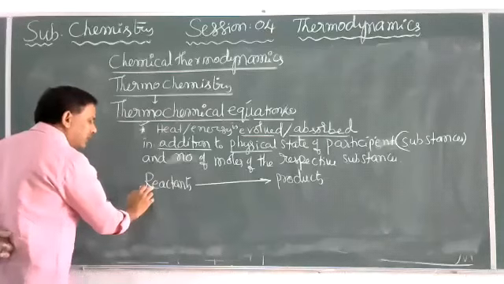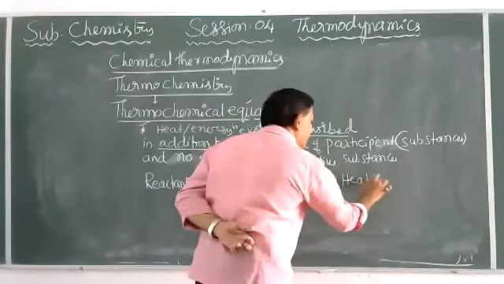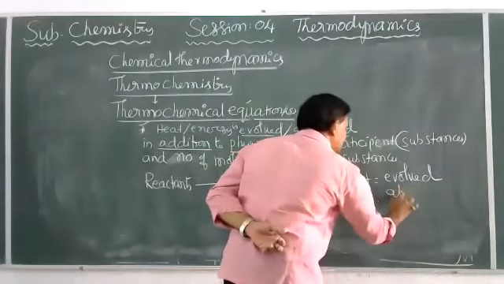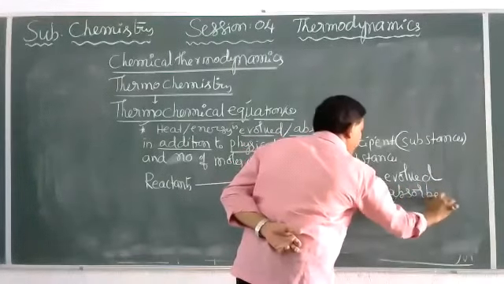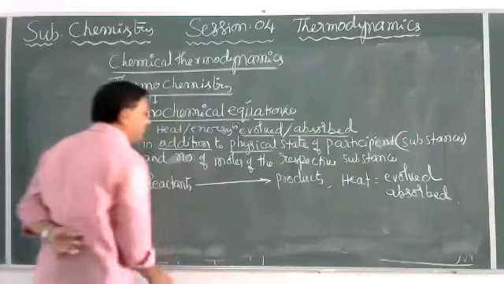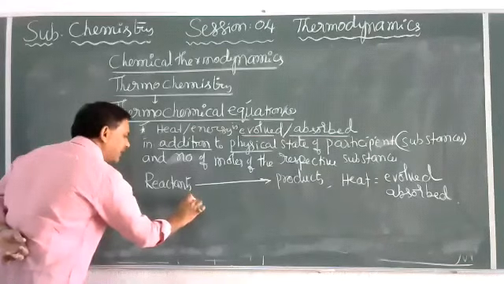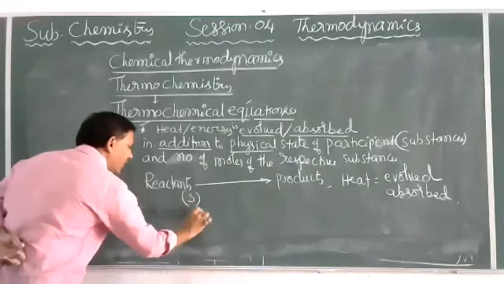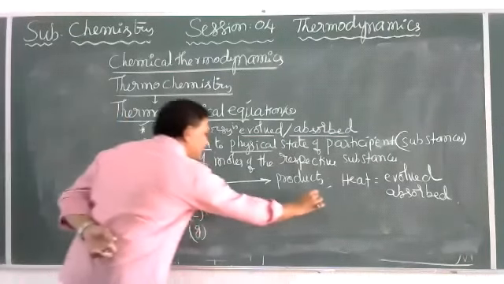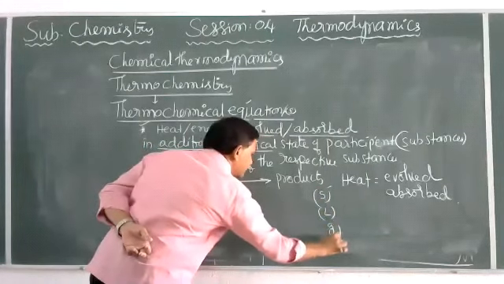While converting reactants to products, heat is in some cases evolved, in some cases absorbed. It also indicates the physical state. Reactants are in solid, liquid or gaseous states. Products are in solid, liquid or gaseous states.